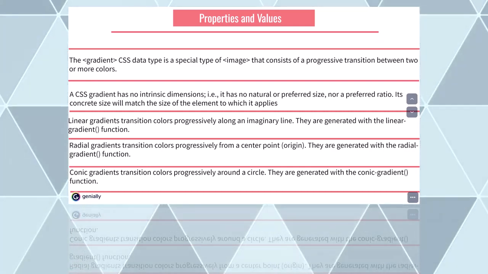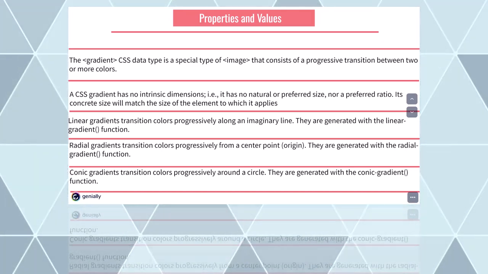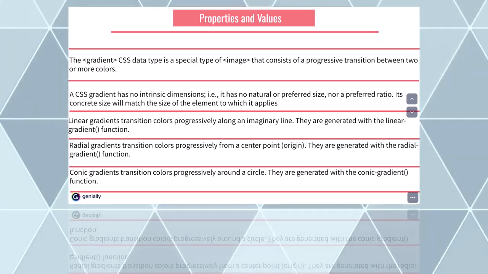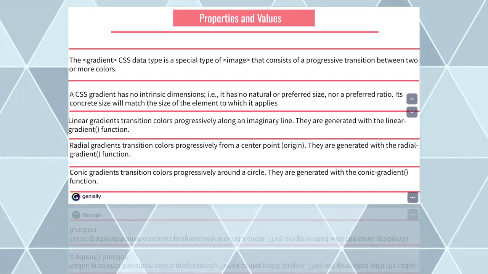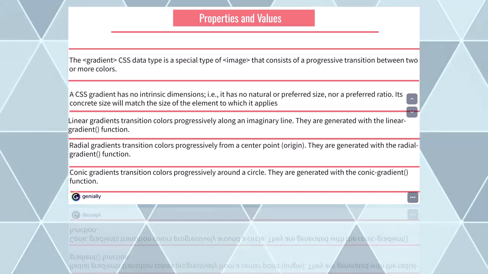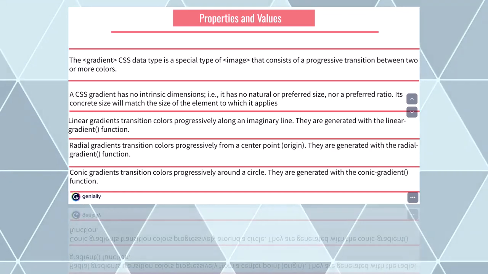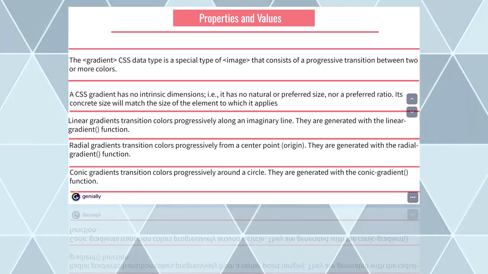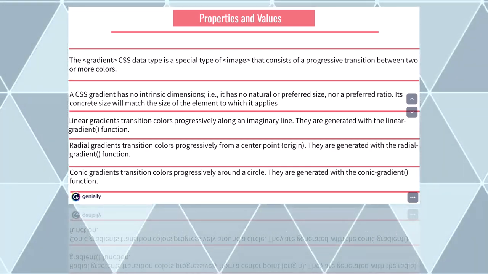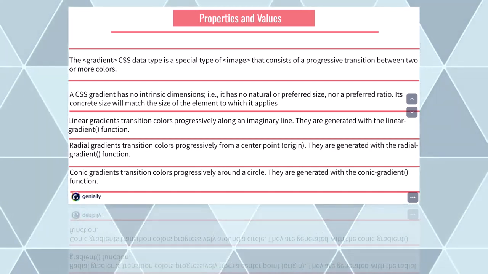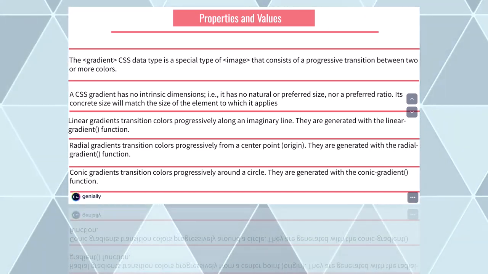Just type CSS gradient with no space .io. cssgradient.io, with no space in between. Let's play with that one.